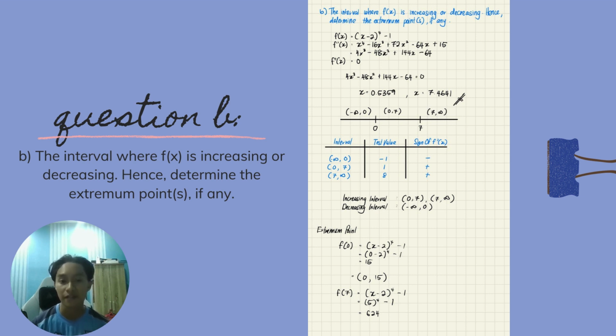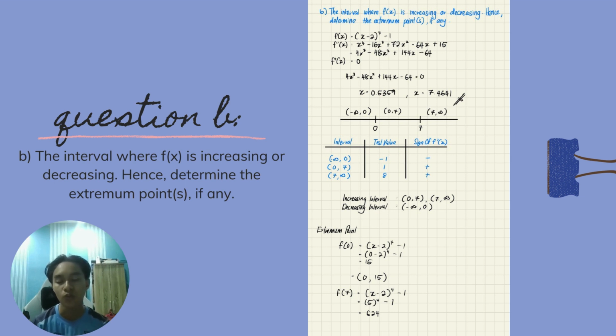We need to expand the equation that has been given, and we will get x power of 4 minus 16x power of 3 plus 72x squared minus 64x plus 15. And then from the equation we just need to differentiate it, and we will get 4x cubed minus 48x squared plus 144x minus 64.